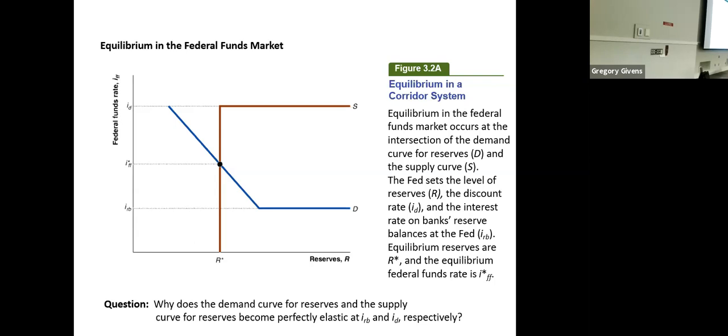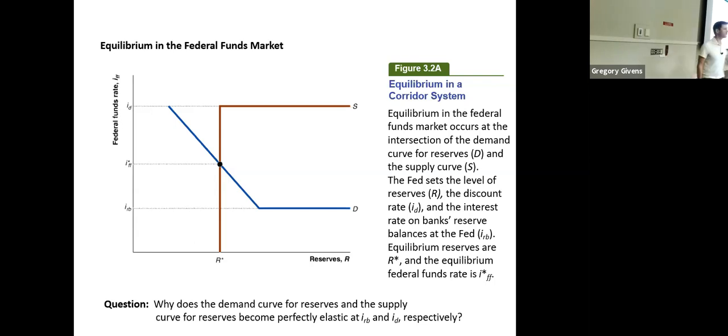Through open market operations, that is through non-borrowed reserves, it can either buy or sell securities in such a way to guarantee that the amount of bank reserves system-wide is exactly equal to R star, irrespective of what the federal funds rate is. So the supply curve is perfectly vertical at the position that the Fed desires.